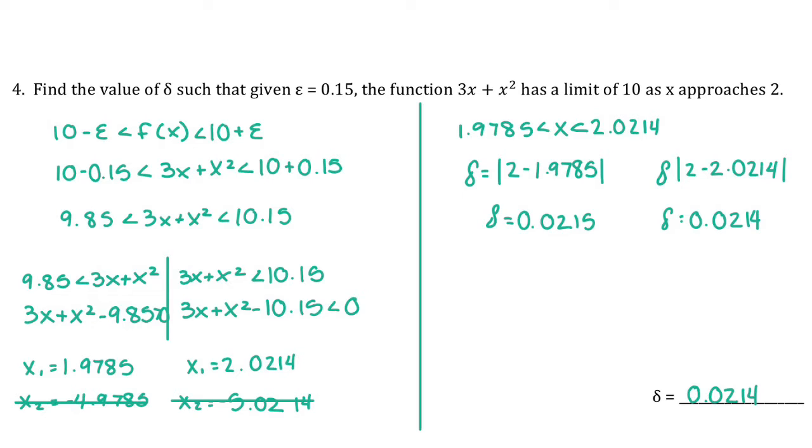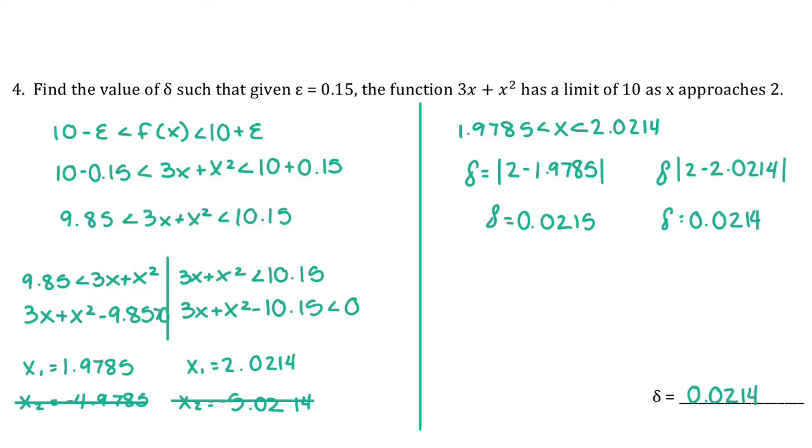So then you plug in everything for the next line, which is 10 minus 0.15 is less than 3x plus x squared, which is less than 10 plus 0.15. So you wind up with an inequality that says 9.85 is less than 3x plus x squared, which is less than 10.15.